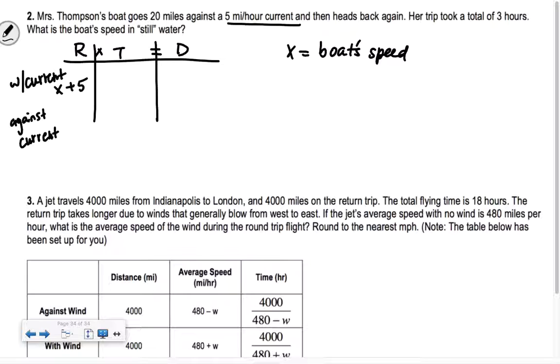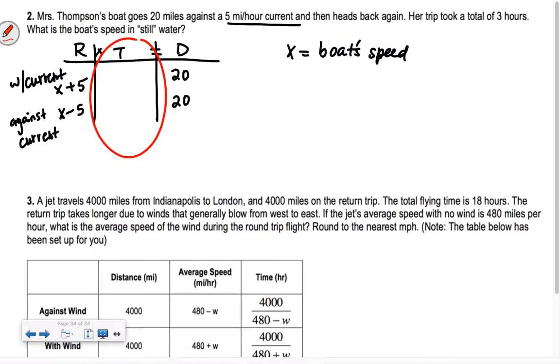And against the current, it's going to go slower, x minus 5. The time, we don't know still. But we know that she goes 20 miles and then turns around and goes back 20 miles. So that's where we're filling in this time again.